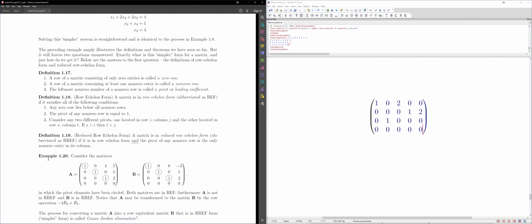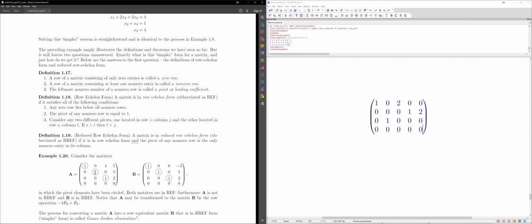You can put it formally like this. Say you have one pivot in row I, column J, and a second one located in row S, column T. These are two pivots here.